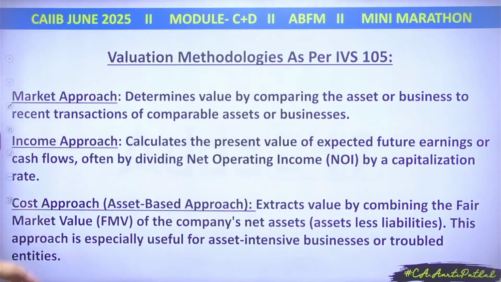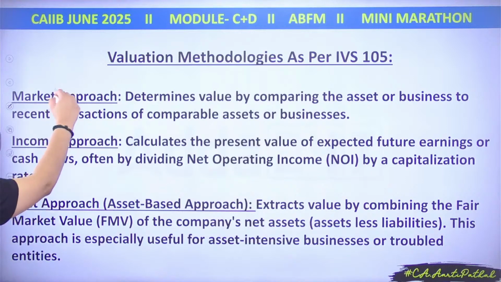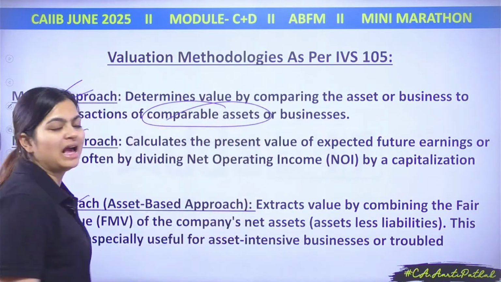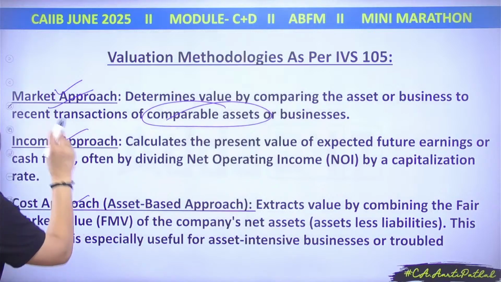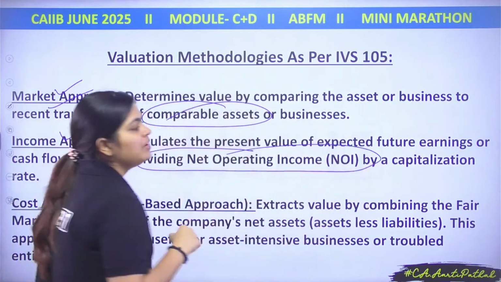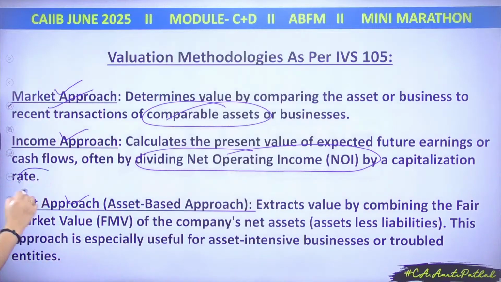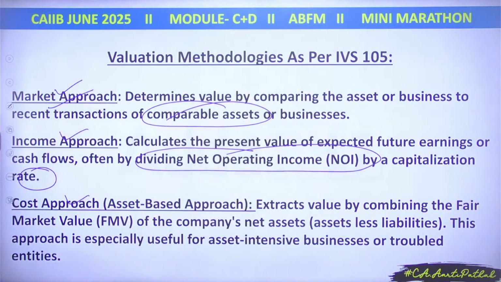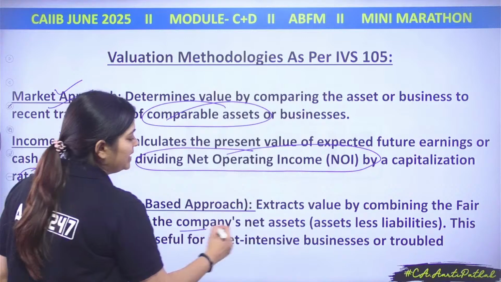Now you have three valuation methods, that is market approach, income approach and cost approach, or you can say asset-based approach. Market approach, just now we have seen that we use comparable assets or businesses. Income approach, we take the net operating income divided by the capitalization rate. Cost or asset-based approach, here we take the value by taking the FMV of the company's net assets.